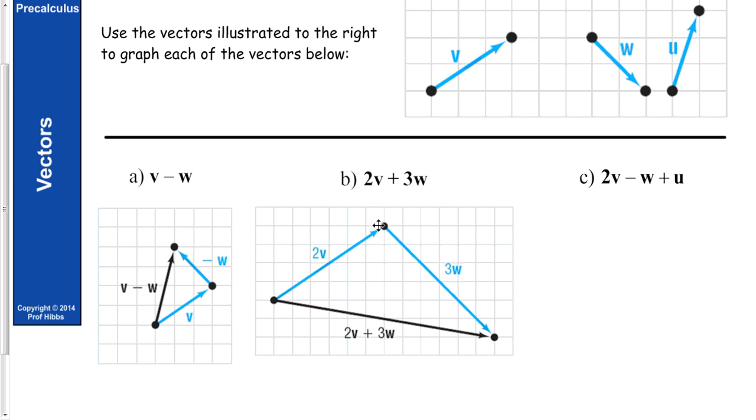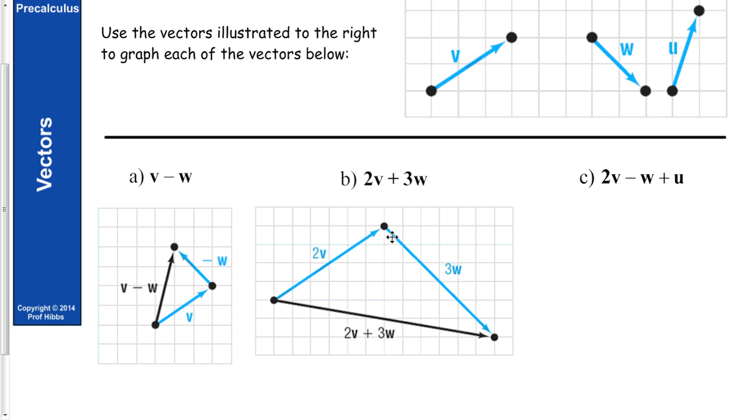Now we're going to add to that 3W. Okay, so we're going to start 3W here where 2V stops, and 3W is 3 times as long as W. So that means it's going to go to the right 3 times further. Well, that'd be 6 units, and down 3 times further. That would be 6 units.